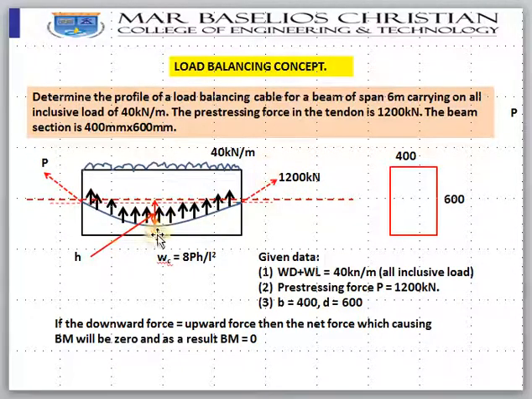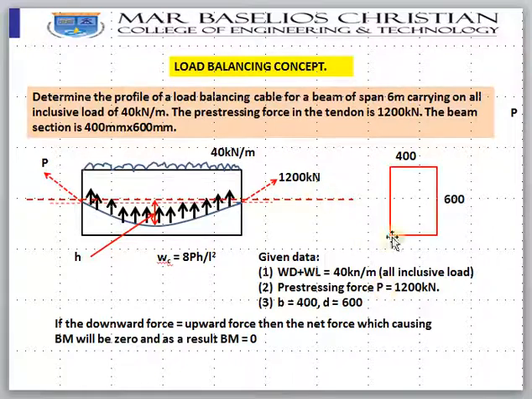So our aim is to find out h, the profile of the tendon, using the balancing method. So I should get 40 equal to 8Ph by L square. Let us write down the given data. WD plus WL is equal to 40 kN per meter, because it is given as all-inclusive load.